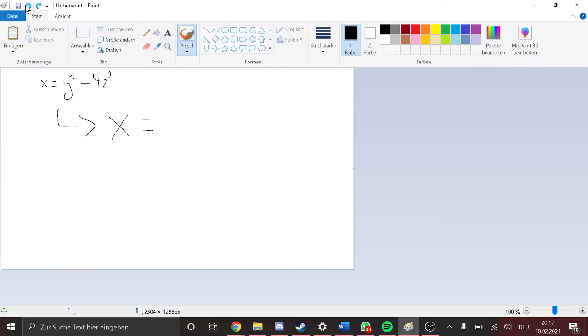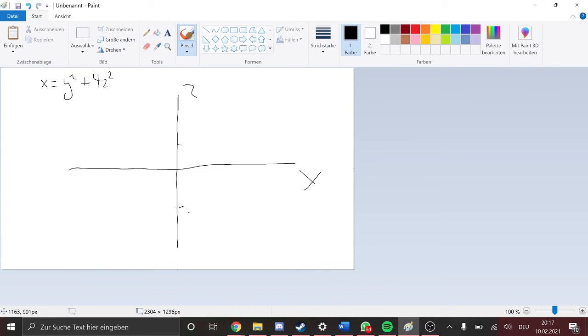Sorry, let me just delete this. That would look something like this. So we would have our z-axis and our x-axis, and similarly to the first one, it would just be a right side parabola like this.